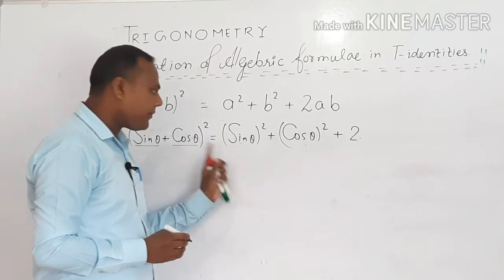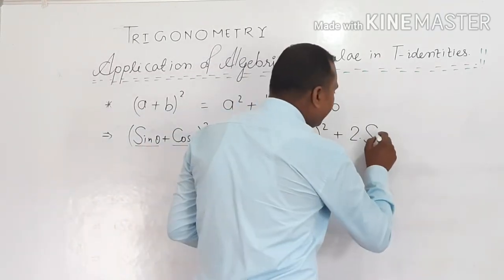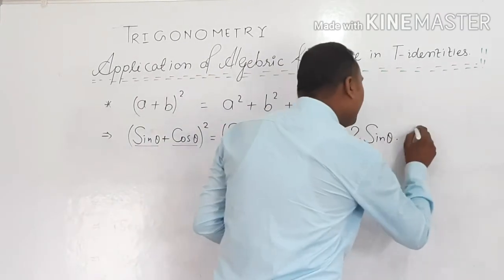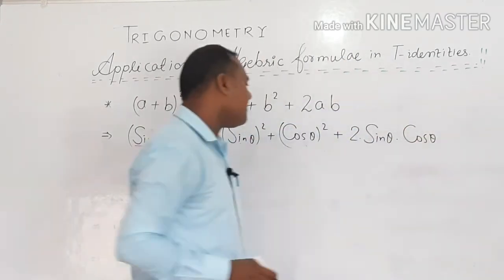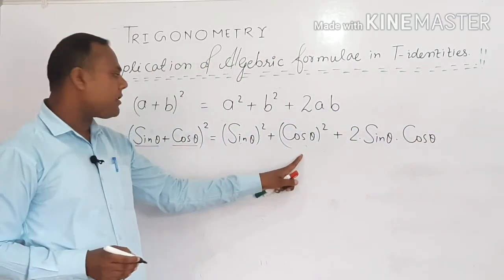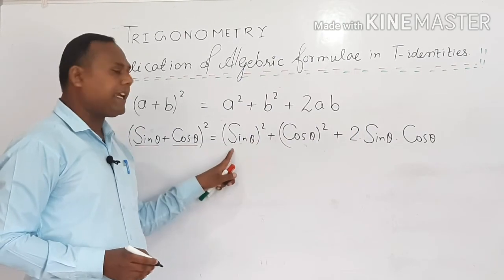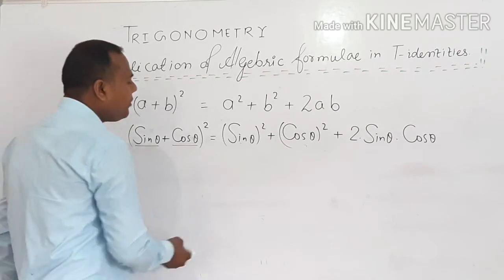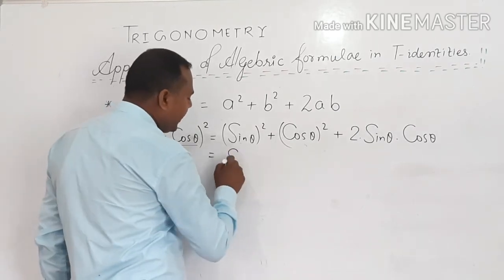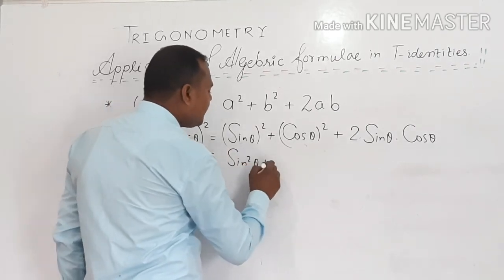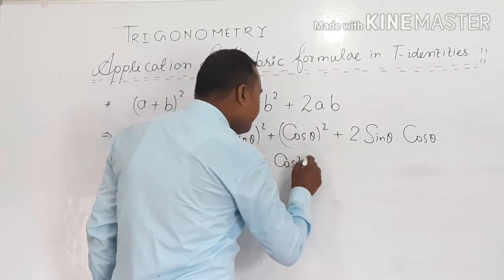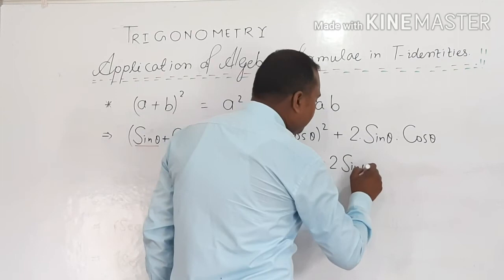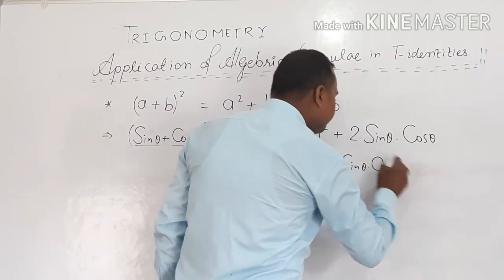What is the first term? Sine theta. And what is the second term? That means cos of theta. We always consider the first term, that means the terms in the brackets. So this formula can be written as sine square of theta plus cos square of theta plus twice of sine of theta into cos of theta.